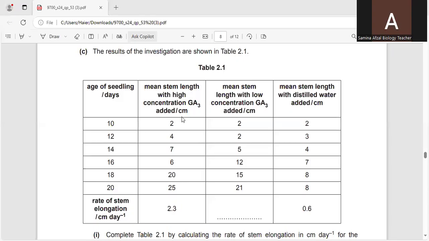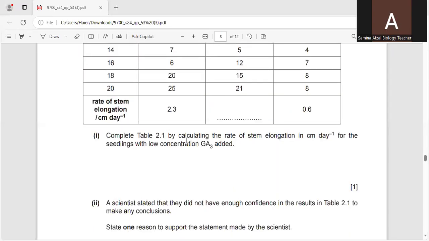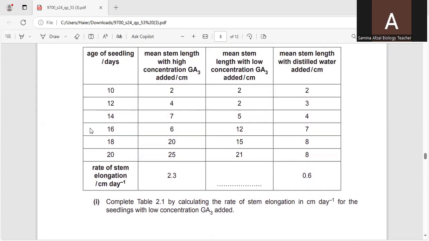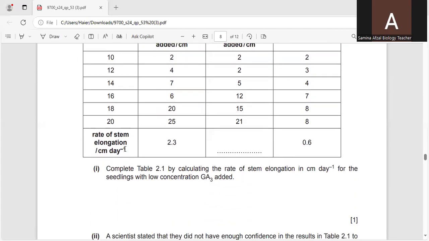Complete table 2.1 by calculating the rate of stem elongation in centimeters per day for the seedlings with low concentration GA3 added. So the blank in the table is what we have to calculate.